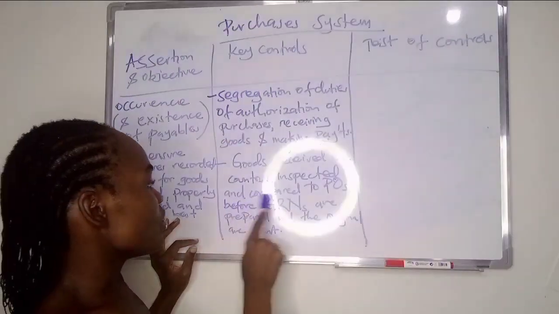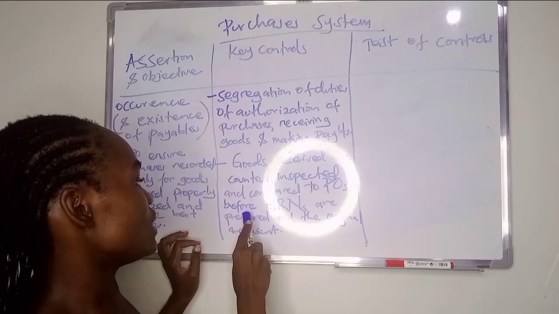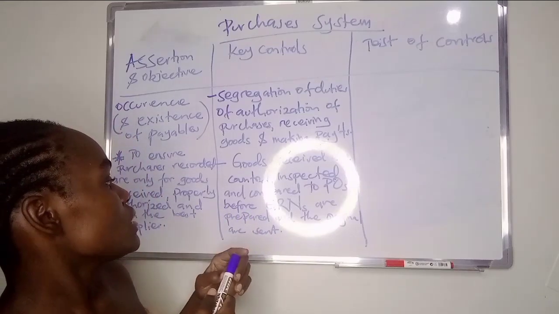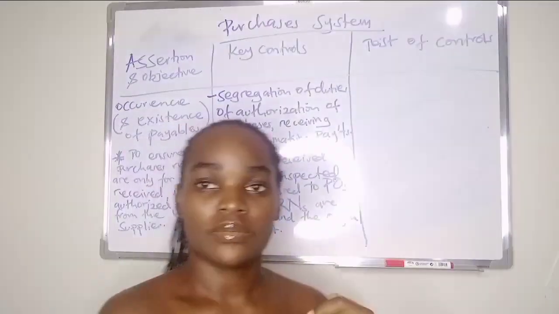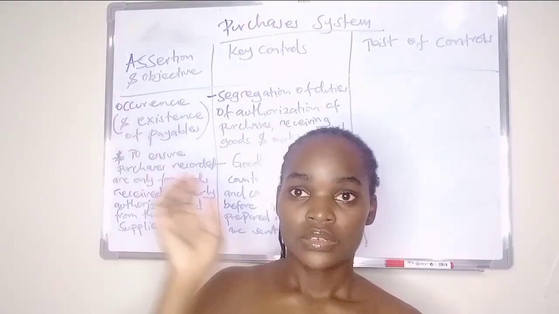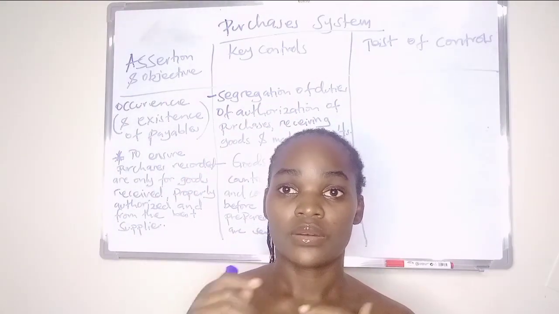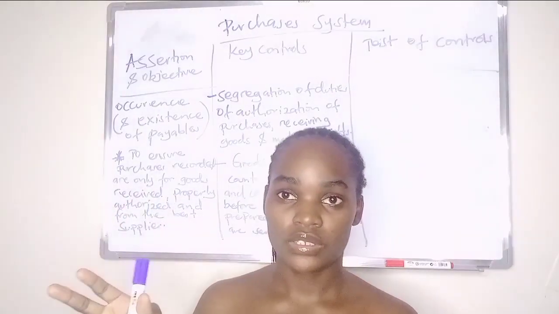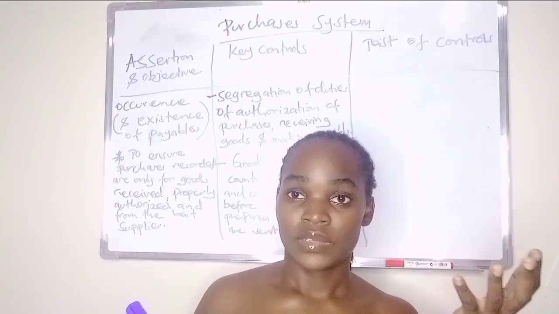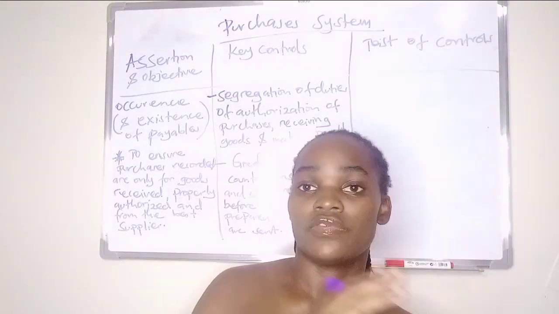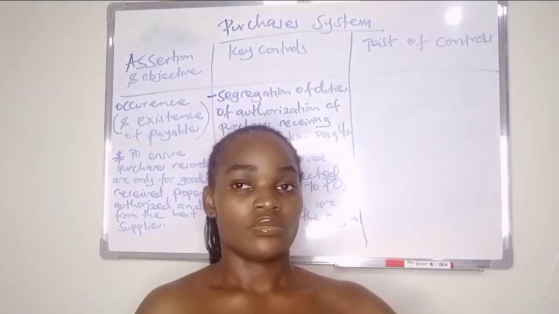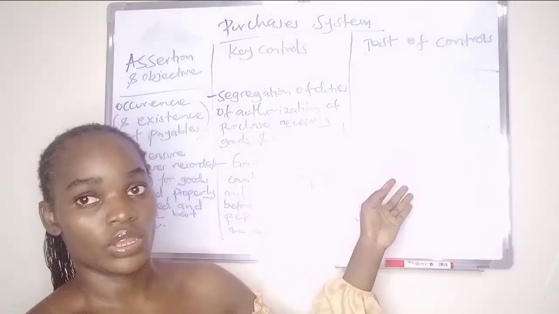Then, for comparing to purchase orders before goods received notes are made, the auditor selects a sample of goods received notes and compares each to a purchase order to see if it has a corresponding approved purchase order and if things match. That will be the test of control here.